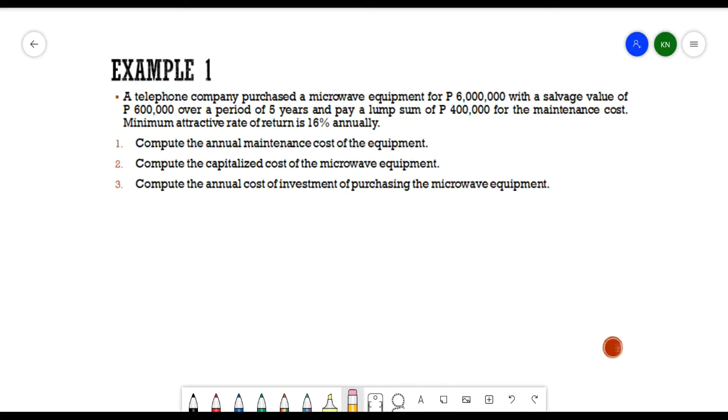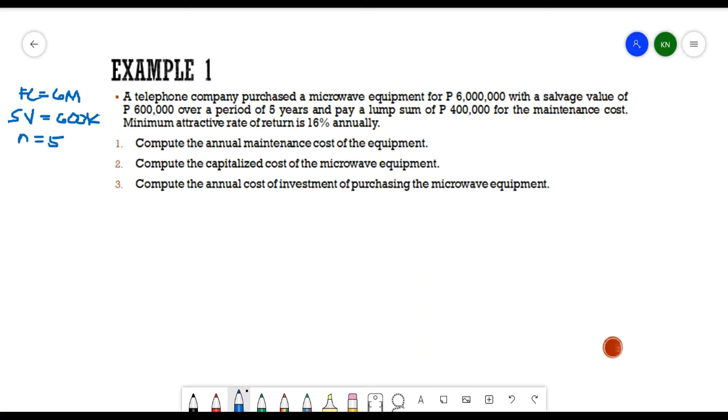First, we need to identify the given values that we have. Again, we have FC equal to 6 million, and the salvage value, or SV, equal to 600,000, in a period of 5 years, so N is equal to 5.